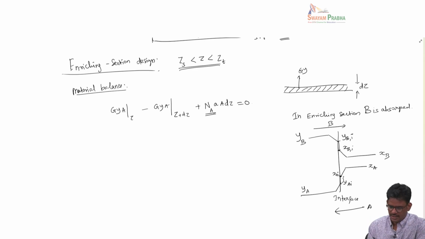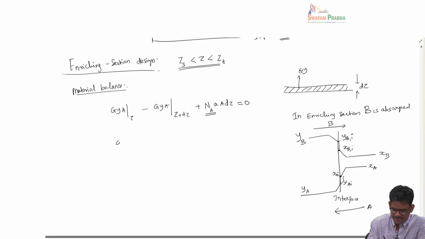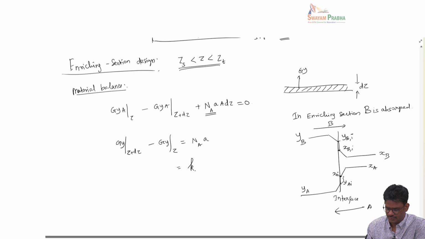So we will rewrite this. So Gy at Z plus dz. Here we write NA is equal to Ky prime (Yi minus Y).